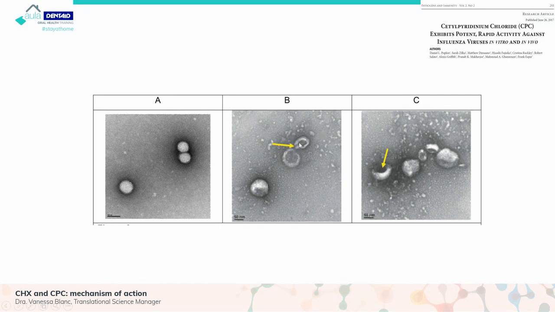And you can see even the presence of negative stain in the interior of the virus treated with CPC, but not in the untreated virus, suggesting the permeabilization of the viral membrane. So this is really important to observe that the viruses are inactivated because their membranes are degraded by CPC.